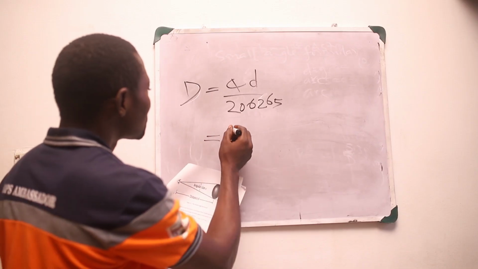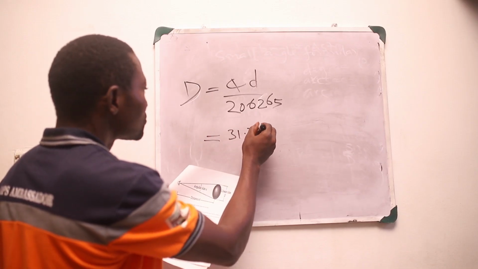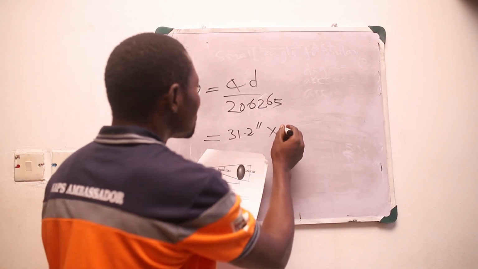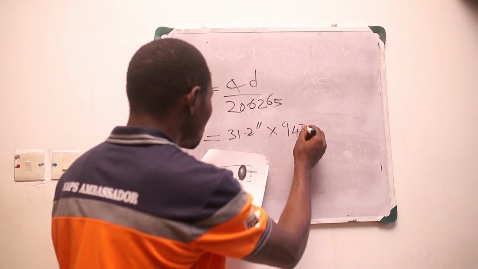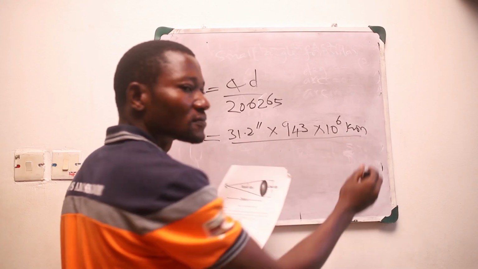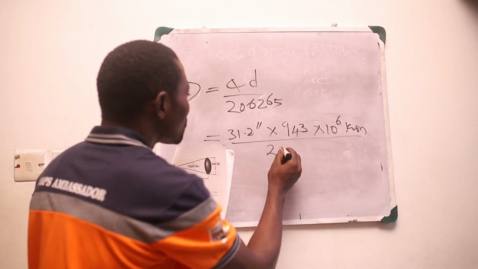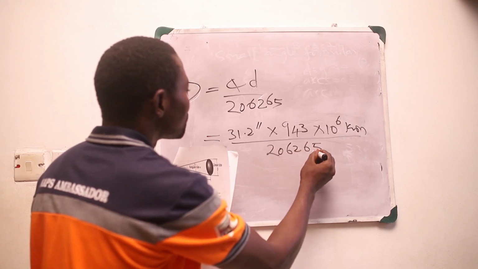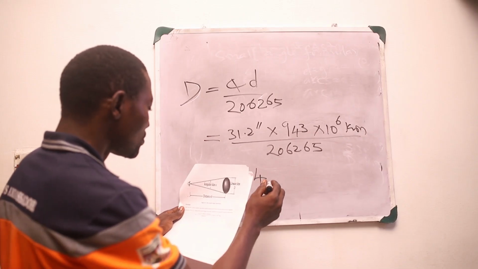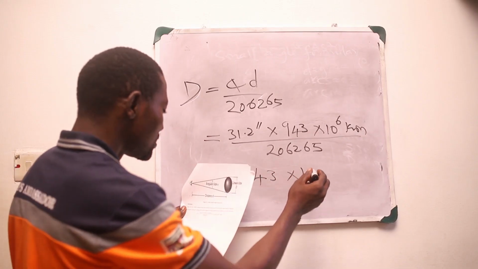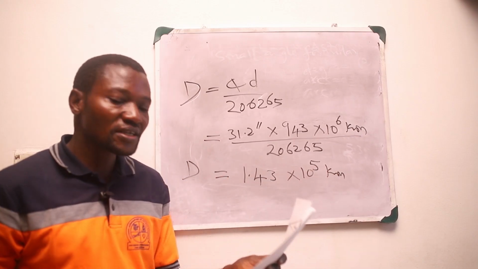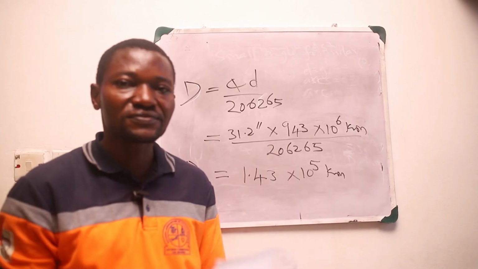The angular size is given as 31.2 times the distance, which is given as 943 times 10 raised to power 6 kilometer, then over 206,265. So if we simplify this, we have 1.43 times 10 raised to power 5 kilometer. So this is the actual diameter.